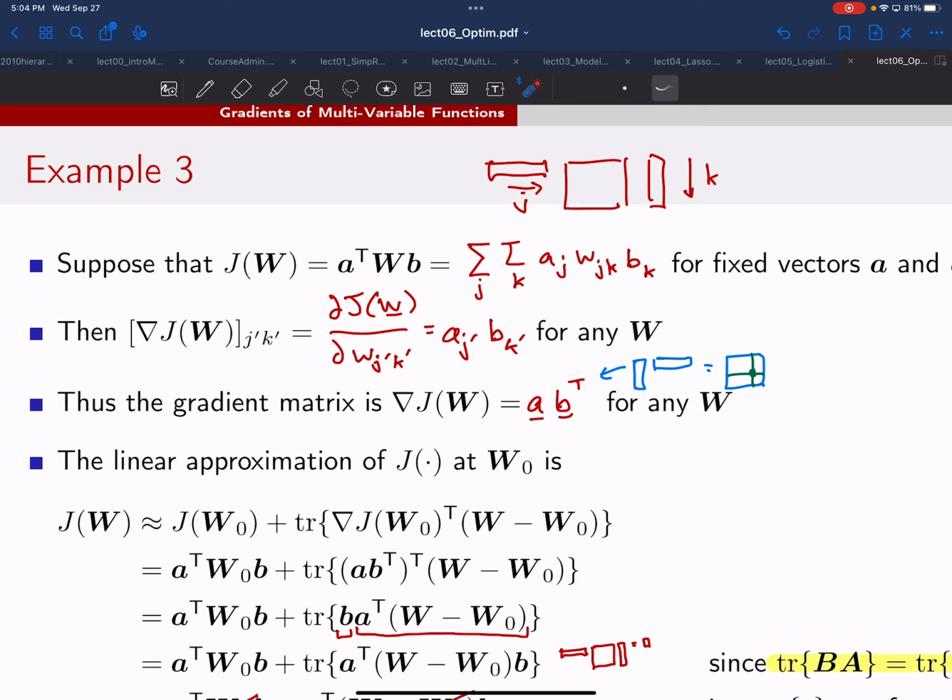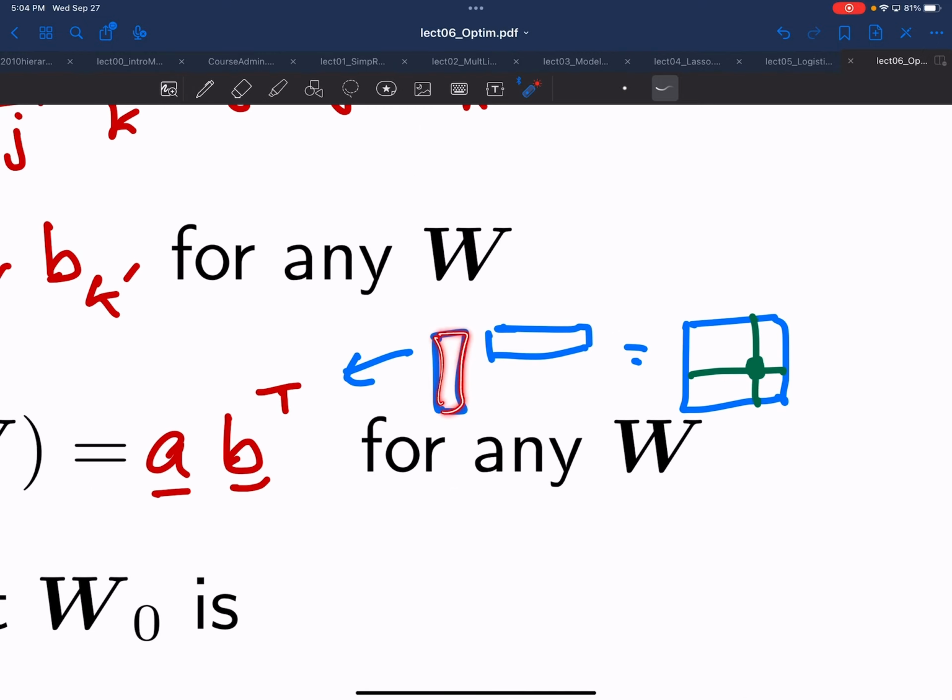But again, even if we didn't know that, and you just say, I have a column times a row, that's a valid thing because this dimension, which equals 1, agrees with that dimension. But now when I ask what the overall outer dimensions are, it's going to be this by this, which is a matrix.